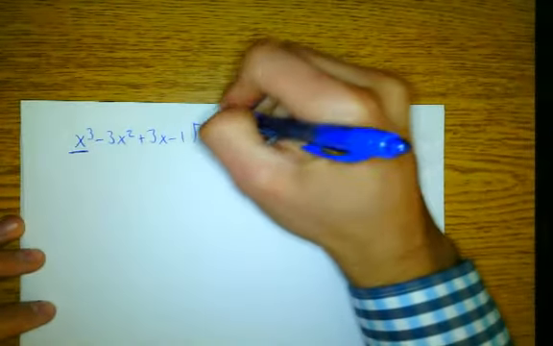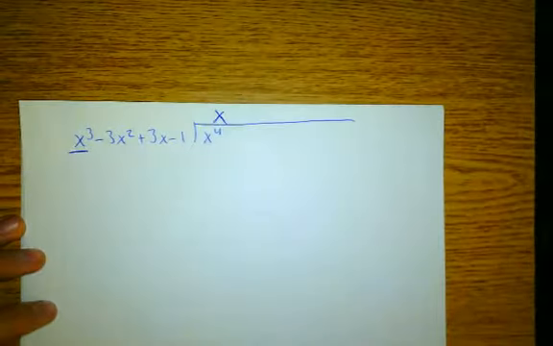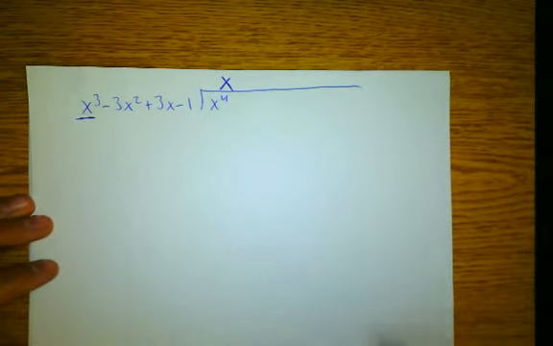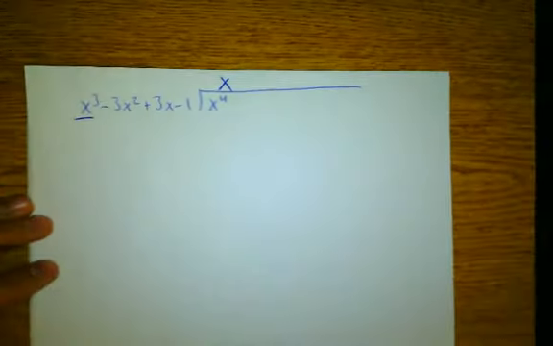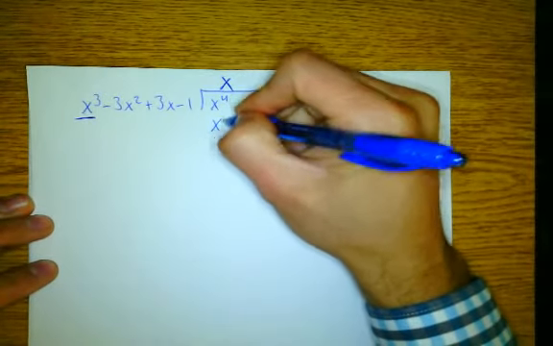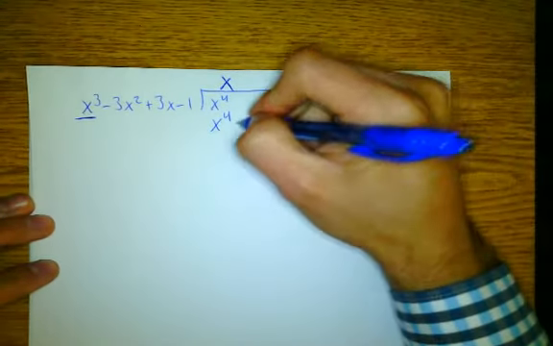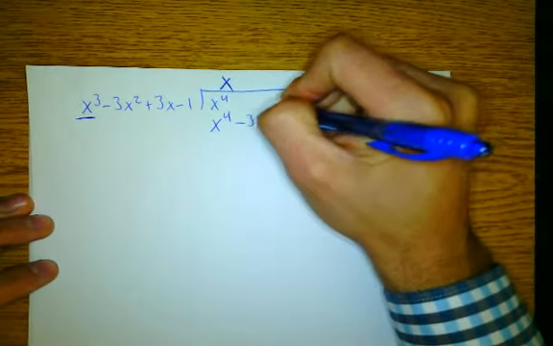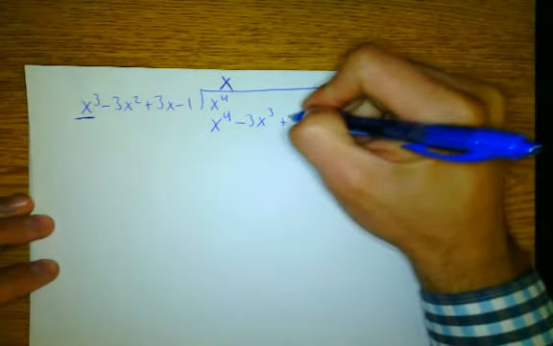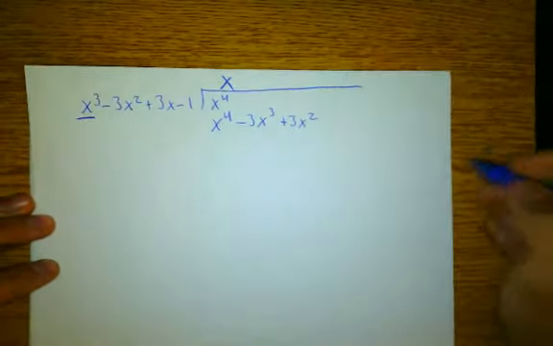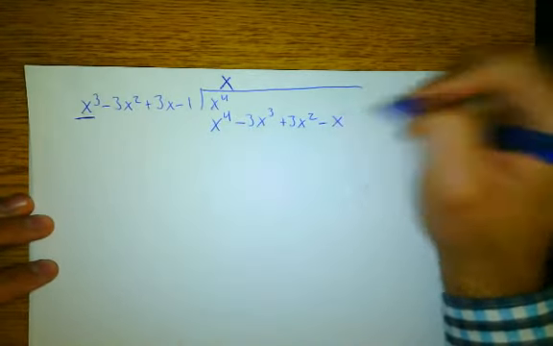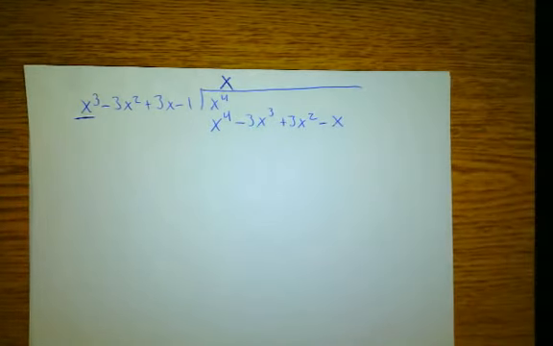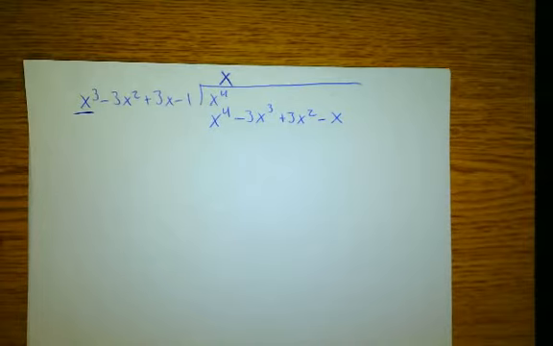So x to the fourth minus 3x cubed plus 3x squared minus x, right? What do you do after you multiply? Subtract. Use parentheses so that you don't make a silly mistake.